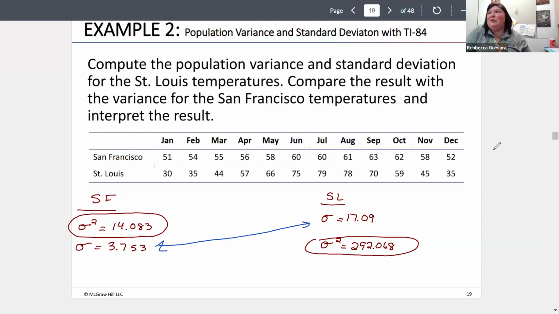Because San Francisco temperatures didn't vary that much, they only had a range of 12 degrees. We look for that center, and the average change from that center, which was 57.5, I believe, was roughly about 4 degrees.